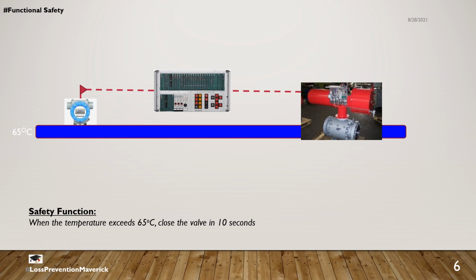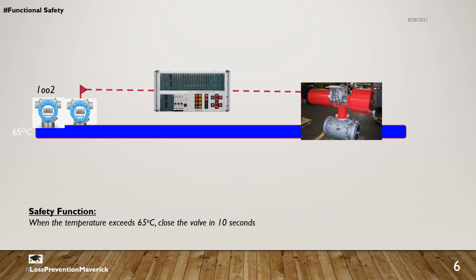So this is the next state. But to talk about the next state, let's say that this particular operator, in order to better have control in their safety instrumented function, actually went to have a redundant transmitter which works on the 1 out of 2 principle.